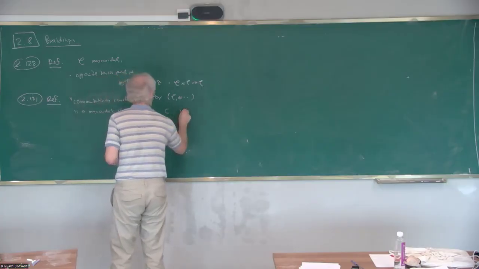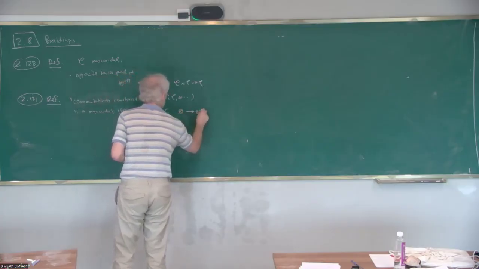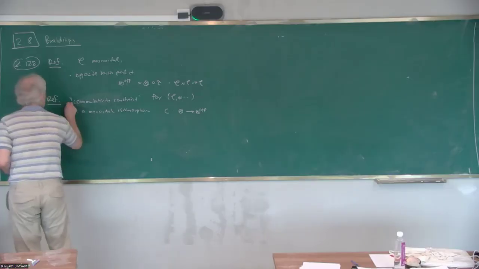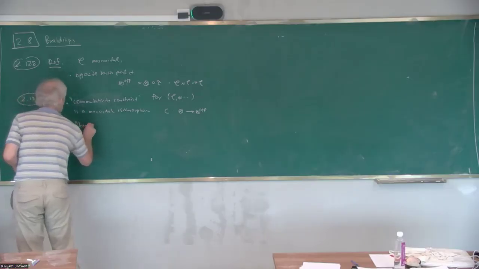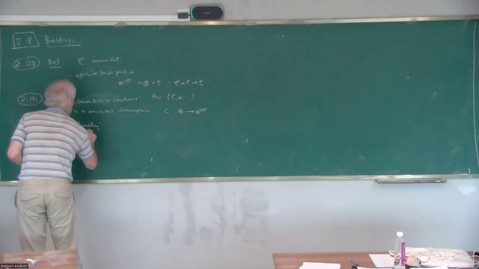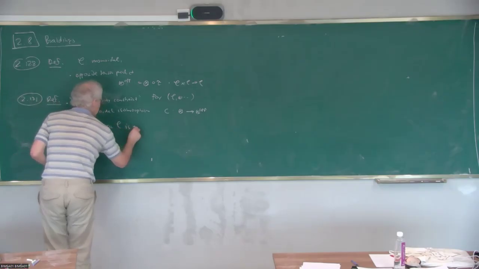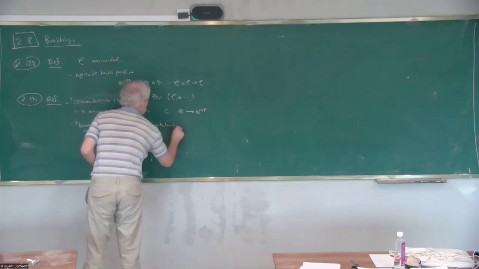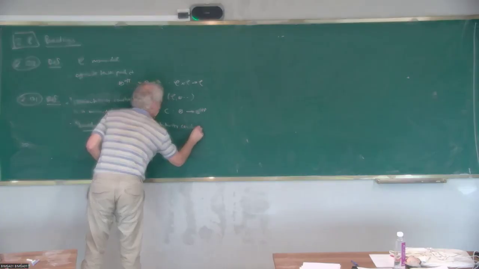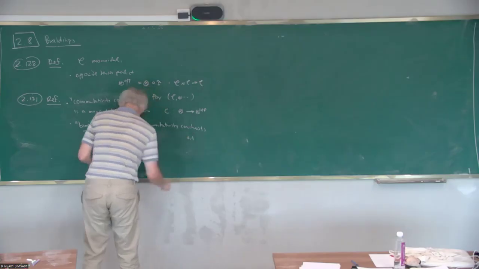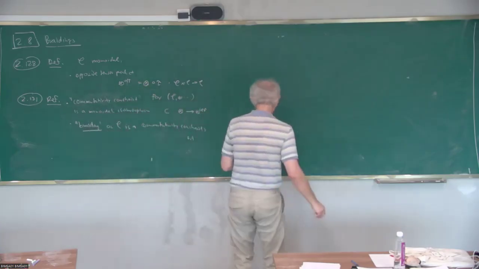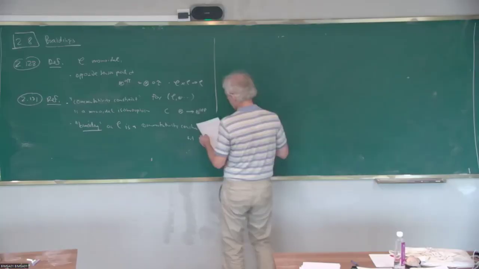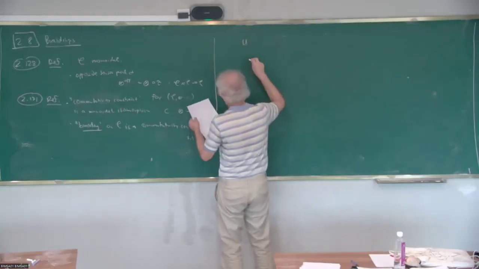And then a grading on C is a commutativity constraint such that two so-called hexagon diagrams commute. And let me draw one of them.